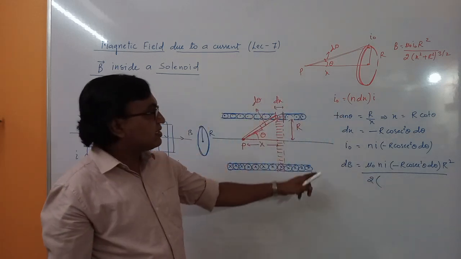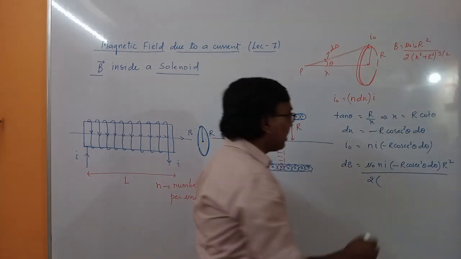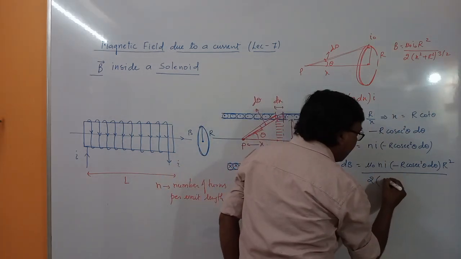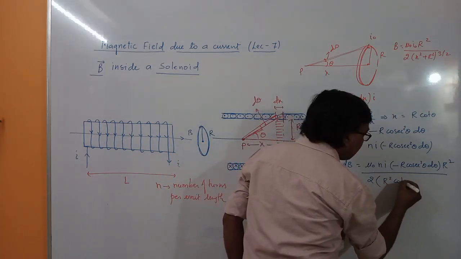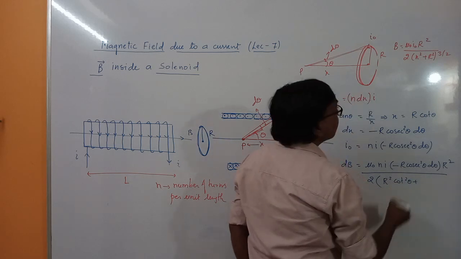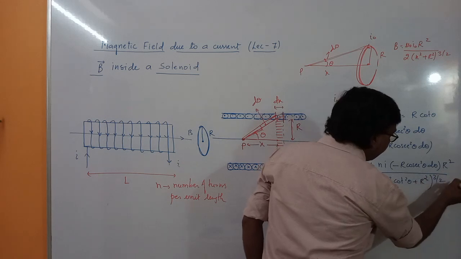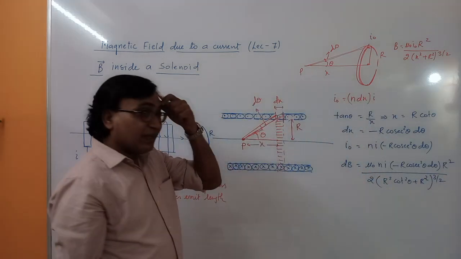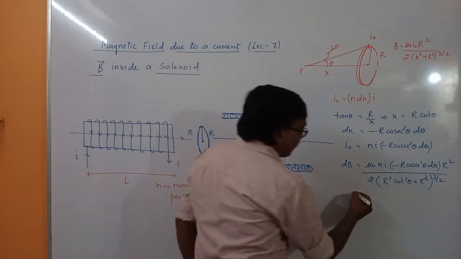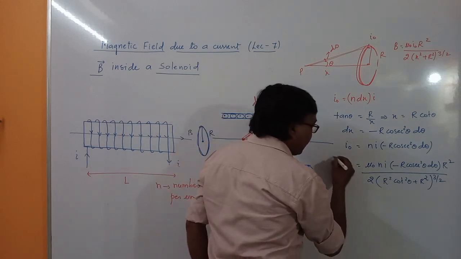How much is x? X is r cot theta. So x square will be r square cot square theta plus r square. Fine. So let us integrate.